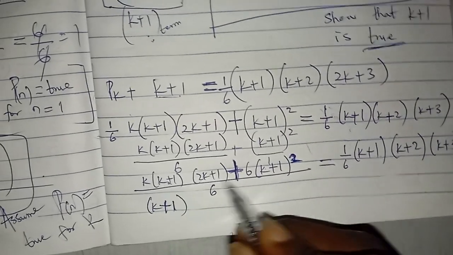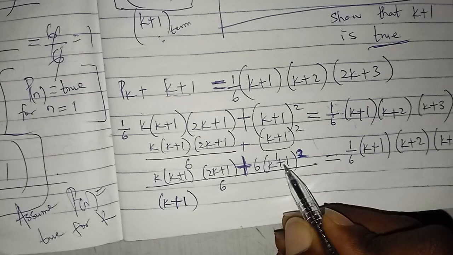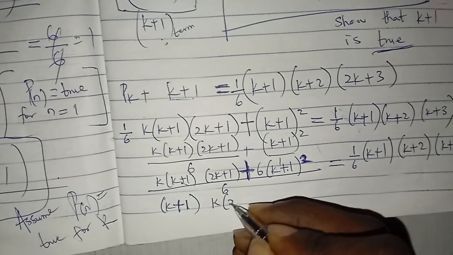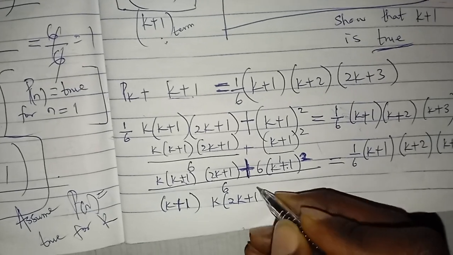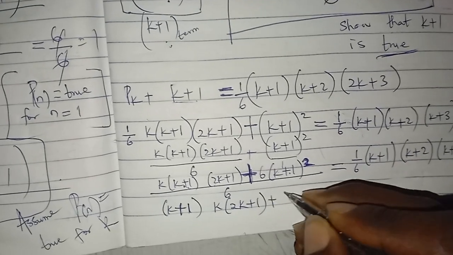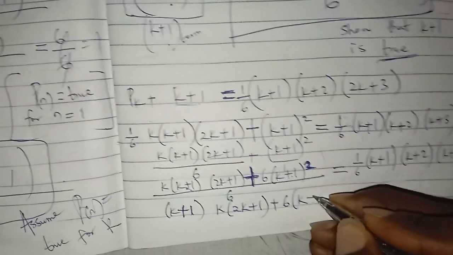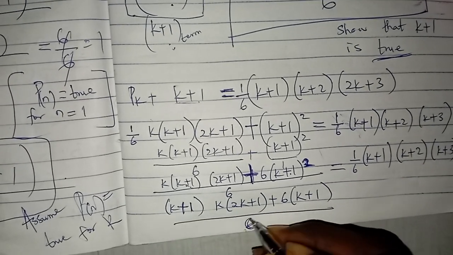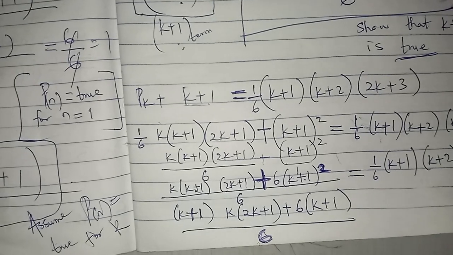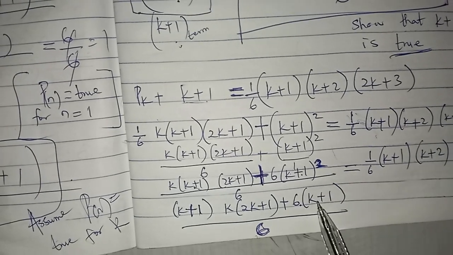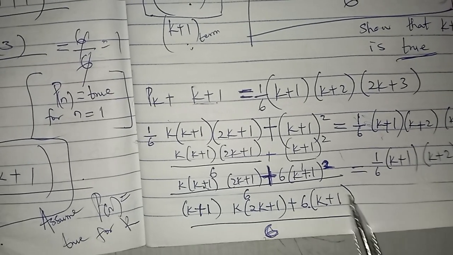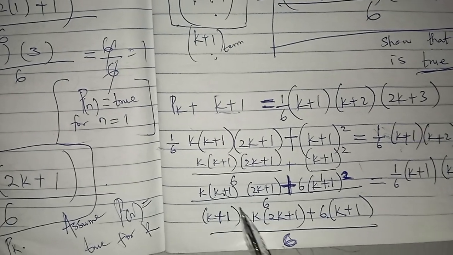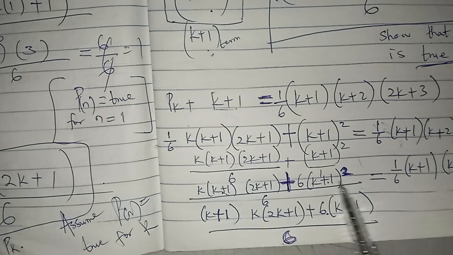So I have k plus 1 here, k plus 1 here. I bring it out. The minute I bring it out, I'm left with k, then 2k plus 1, then plus 6 times k plus 1, all over 6. If this k plus 1 times this, it will still give you this thing.